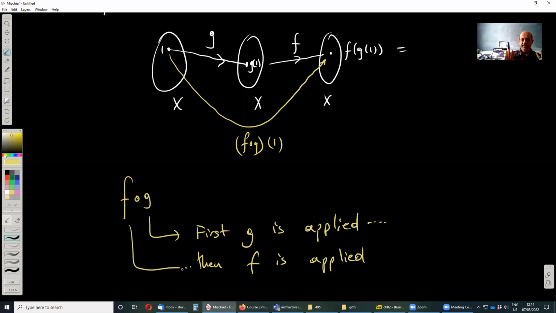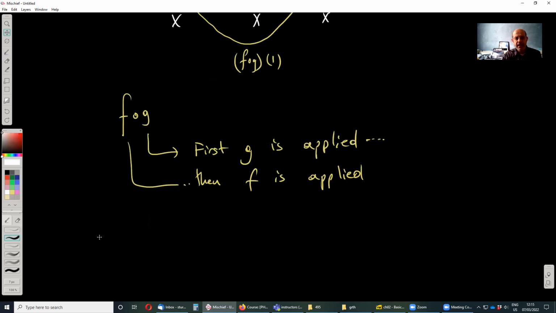Unfortunately, mathematicians have some strange notations, so they usually think that f is applied first and then g is applied next in some situations. As a result, it might be harder to follow their notation. But we are going to use this notation in here. Just keep in mind that in calculus too, by this notation, we actually mean the same thing: first, the function g is applied, and then the function f, okay?